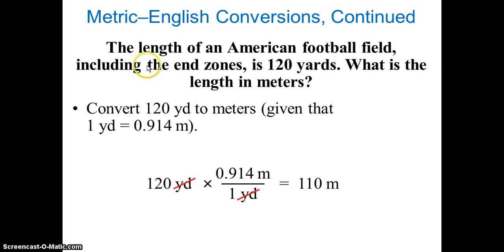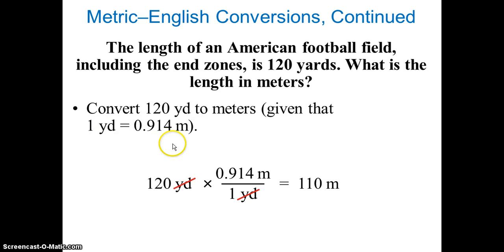Now let's take an example of metric to English conversion. The length of an American football field, including the end zones, is 120 yards. What is the length in meters? We know the conversion 1 yard equals 0.914 meter.